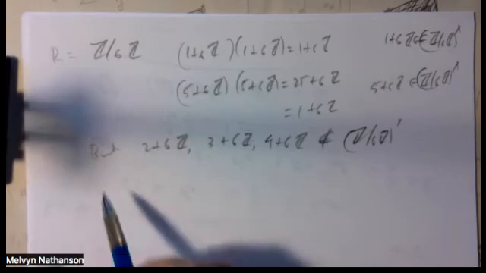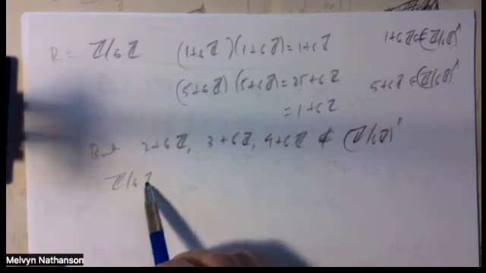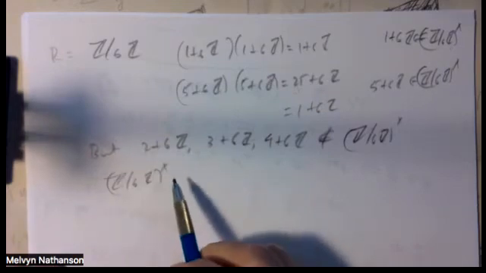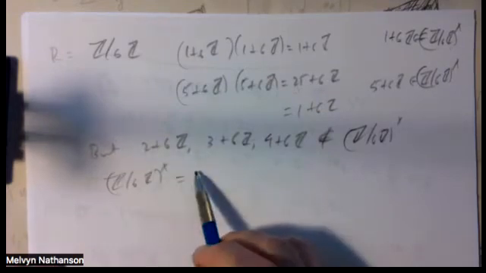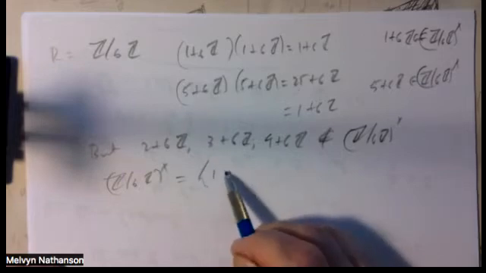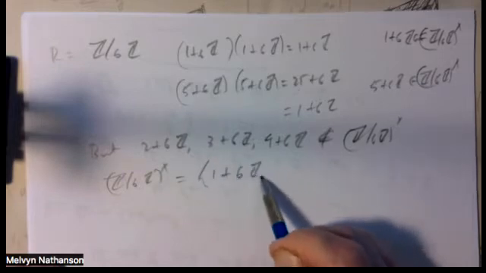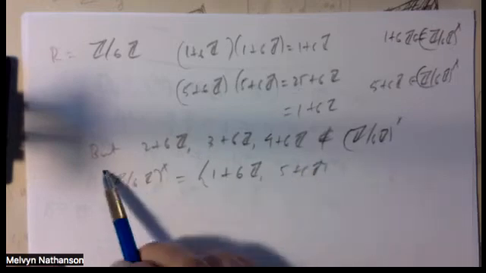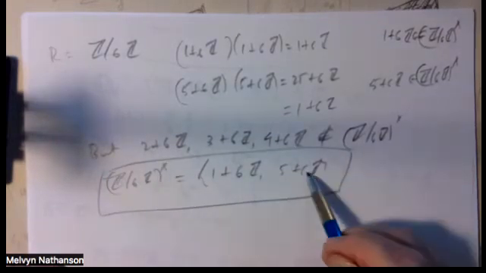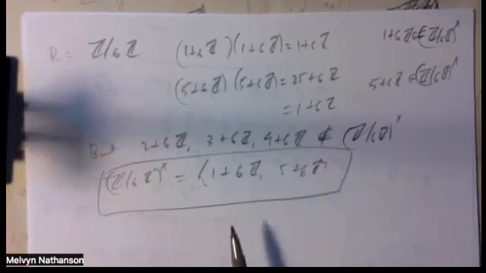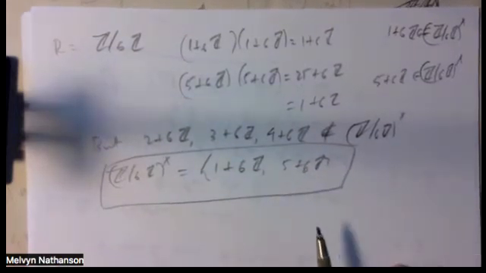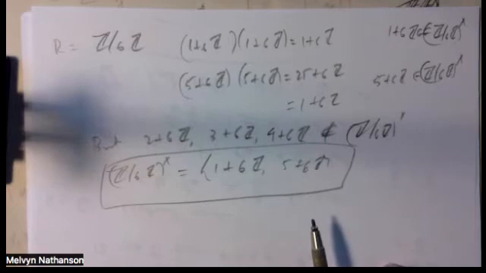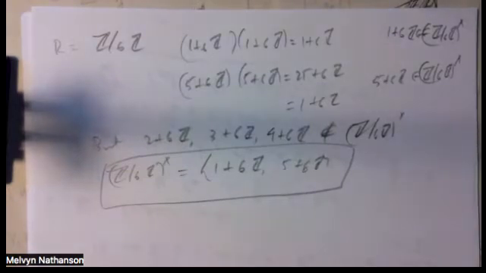So for the ring Z mod 6Z, the group of units consists of just the congruence classes 1 plus 6Z and 5 plus 6Z. So that's a calculation of the group of units. Any questions about this?